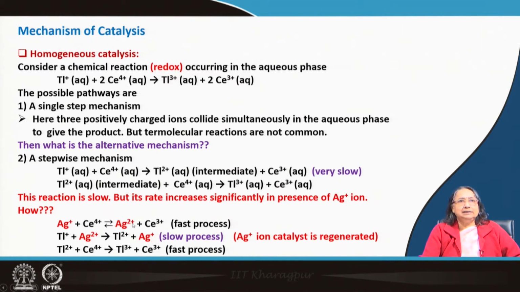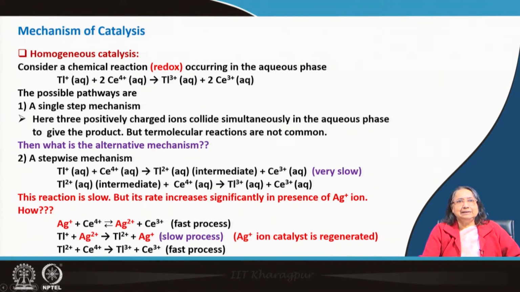So, silver 2 plus is the intermediate, and then silver 2 plus is again consumed and silver plus is going back. This is the catalyst. It is changing in an intermediate stage, but the catalyst should come back to its original state, as I told you.